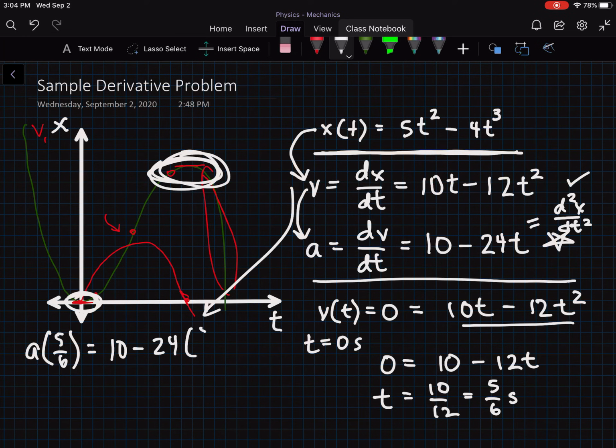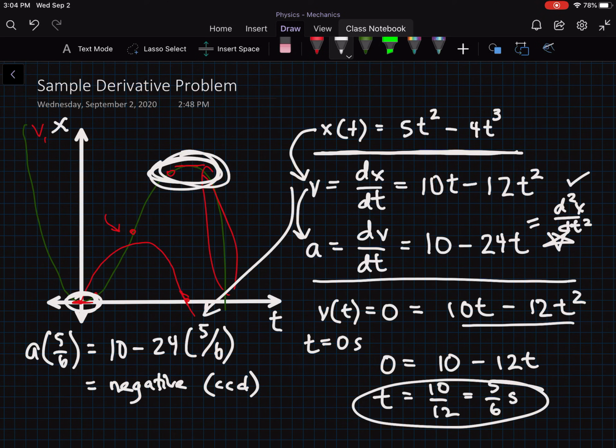We don't really have to go through the whole thing, because we can pretty clearly see that 5/6 of 24 is going to be greater in magnitude than 10, and so this whole thing is going to be negative. That means concave down, and that means that t at 5/6 seconds is going to be when x is at max.